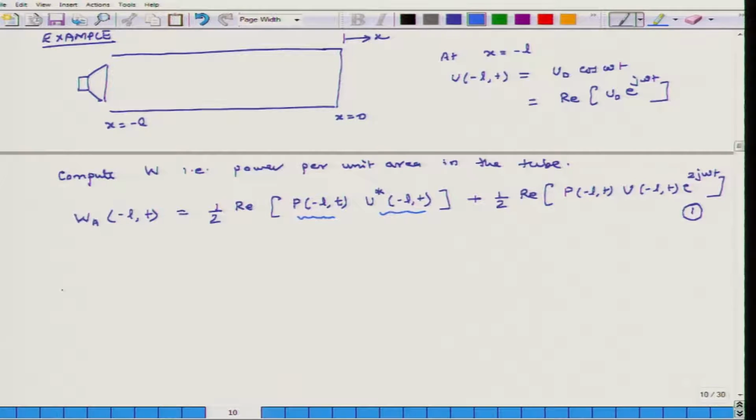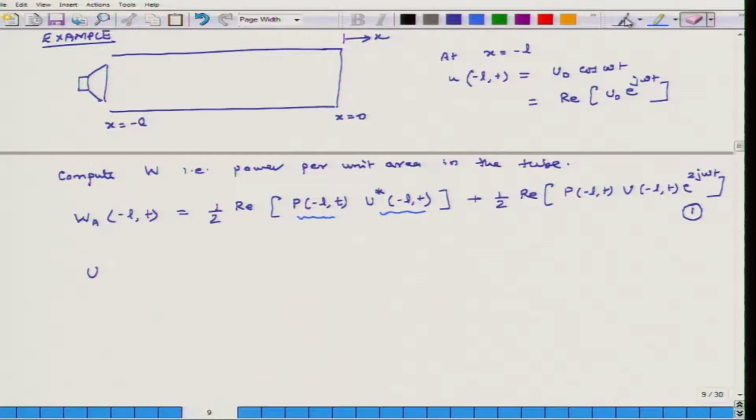Now, just to remove confusion, this is the actual velocity, so it is lower case, and this is the complex amplitude.